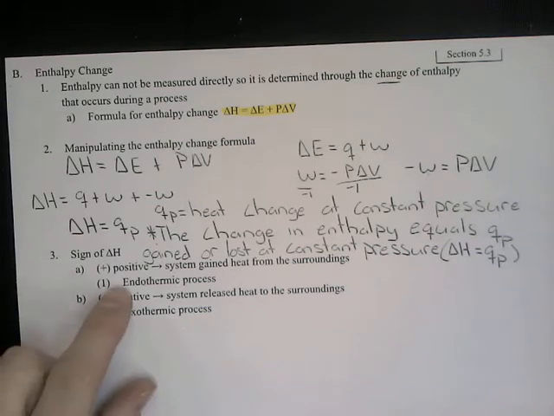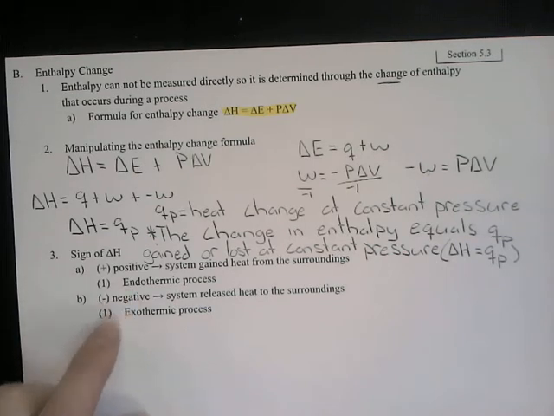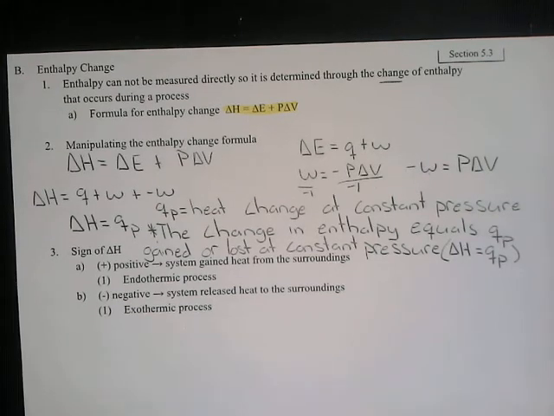And these can also be correlated with endo and exothermic processes. So a positive delta H means endothermic process or heat went in. An exothermic process means that heat was lost. So let's take this and let's go into some examples going through our process here.